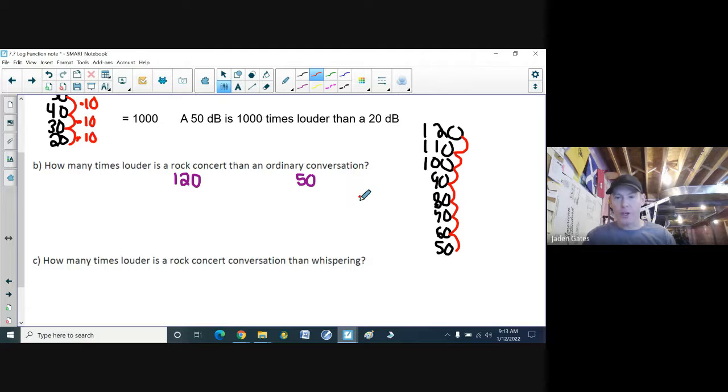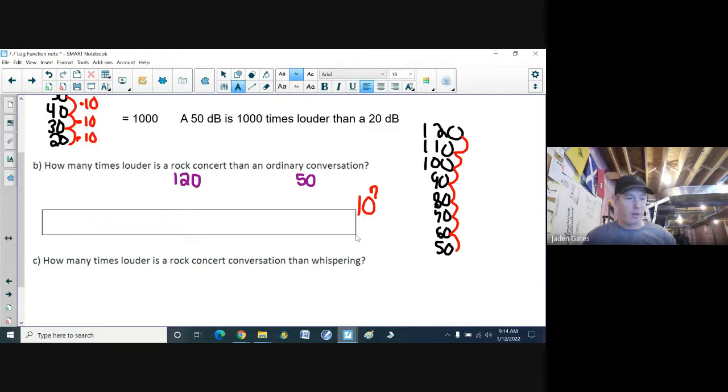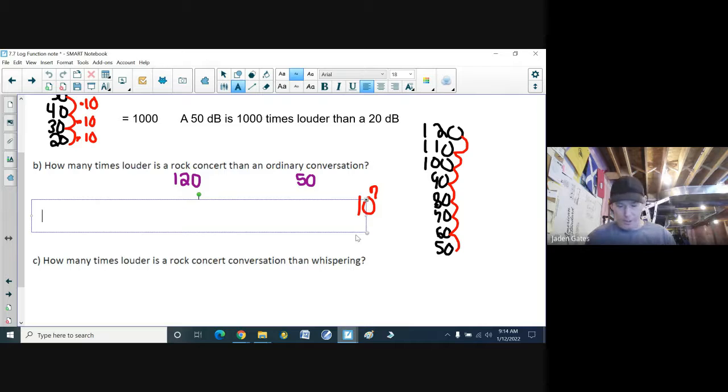And each of those jumps we're timesing by 10. So I could say 10 to the power of 7, because that's 10 times 10 times 10 times 10 times 10 times 10, times 10, 7 times. Which equals, let me see here, grab my calculator. I don't know what happens when we take 10 and multiply by itself 7 times.